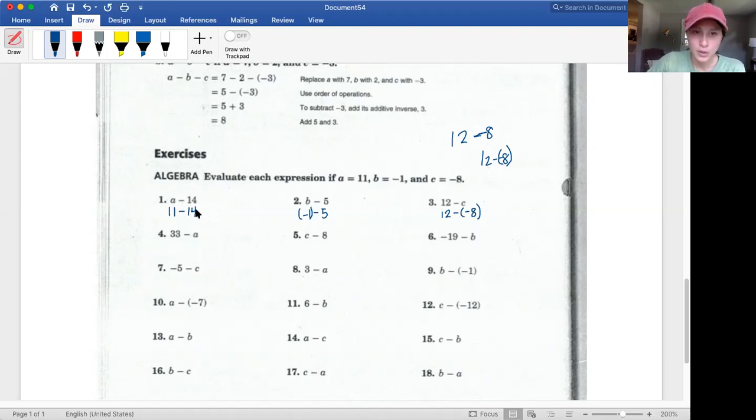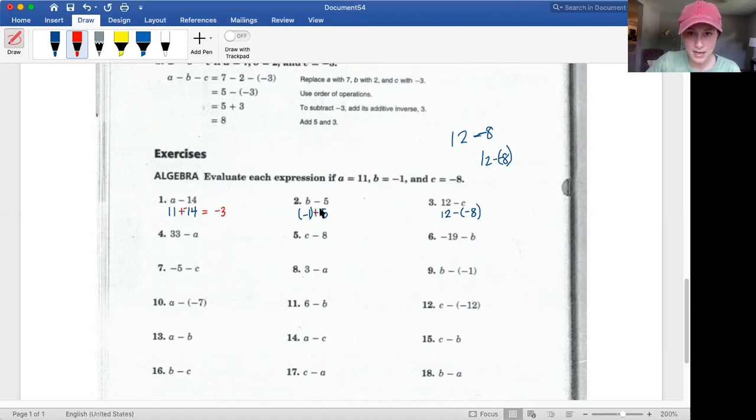Okay, so we're going to write the equations out and then you're going to solve it. So we're going to practice again using the same skills that we did earlier. So we're going to add the opposite, and this becomes 11 plus -14. And when I add them, my answer is -3.